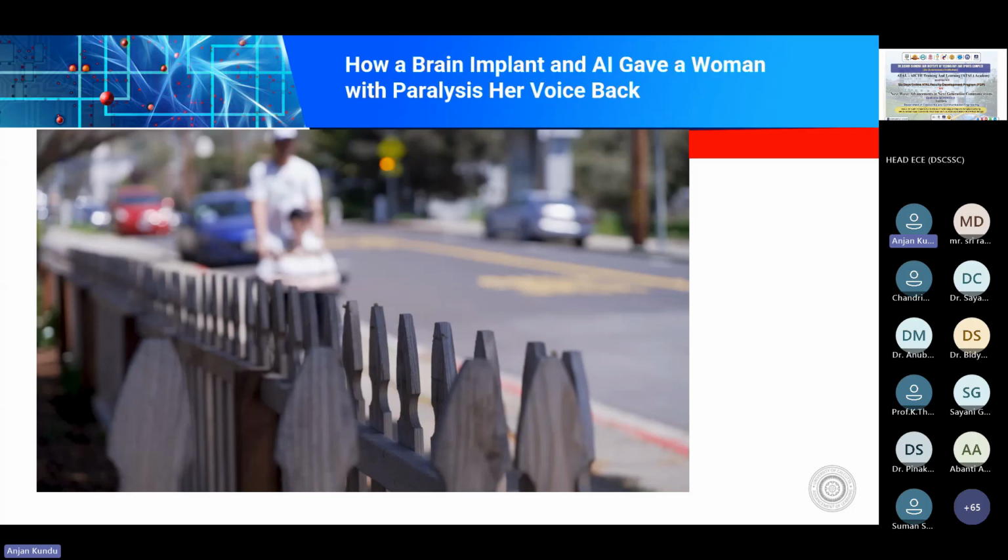The corresponding signal will be collected from the cortex of the brain through that brain implant, and through AI and speech processing, the Alexa type model will speak it out. So practically a paralyzed woman who has lost her voice can have a voice.